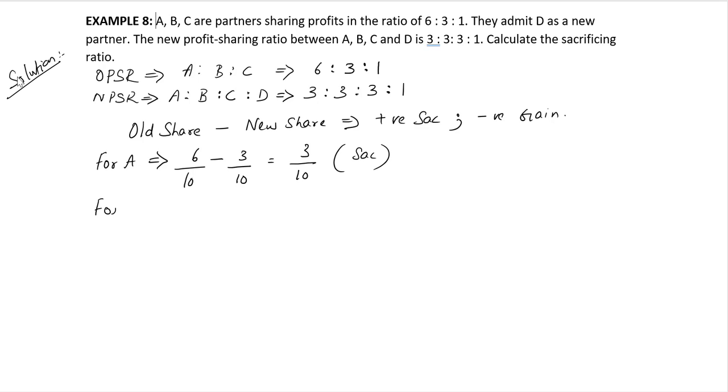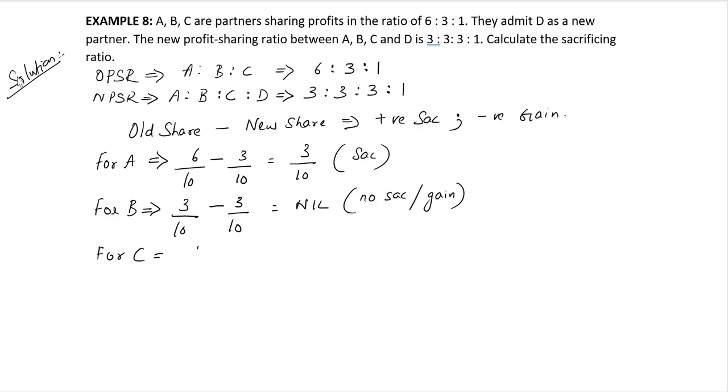For partner B, old share 3/10 minus the new share 3/10, no sacrifice or gain by partner B. And for C, 1/10 minus the new share 3/10, it's a negative 2/10, and C gains.